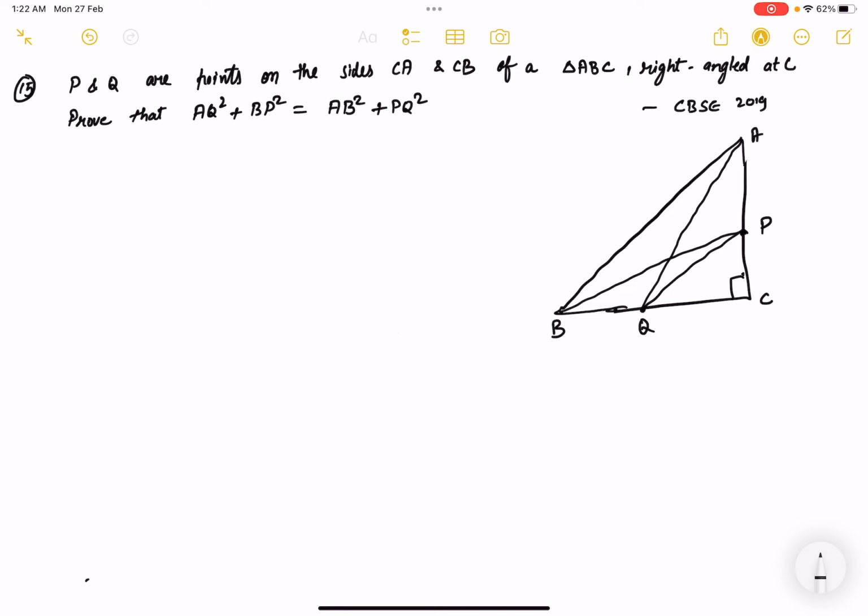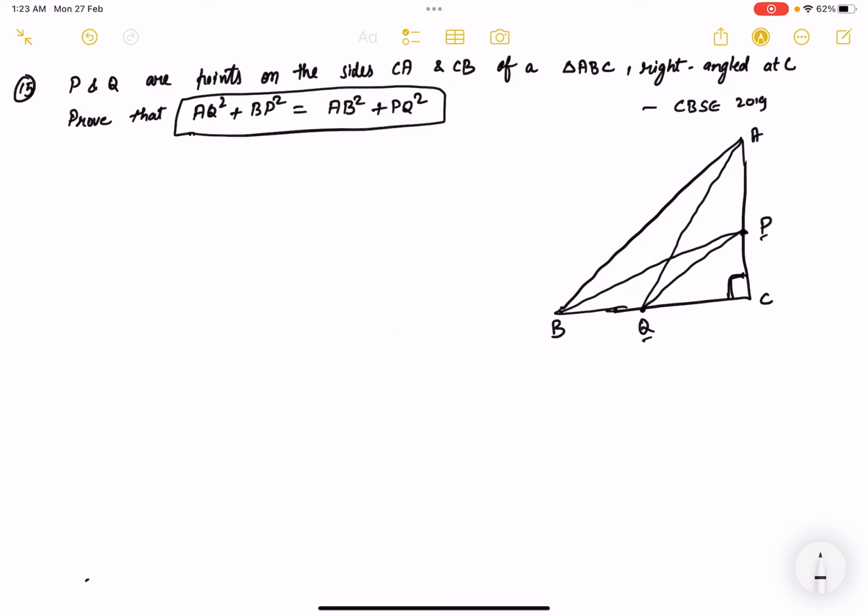So let's take up the 15th example. In this question, P and Q are points on the sides CA and CB of a triangle ABC right angled at C, and we have to prove this. As it is given that angle C is 90 degrees, we will apply Pythagoras theorem.